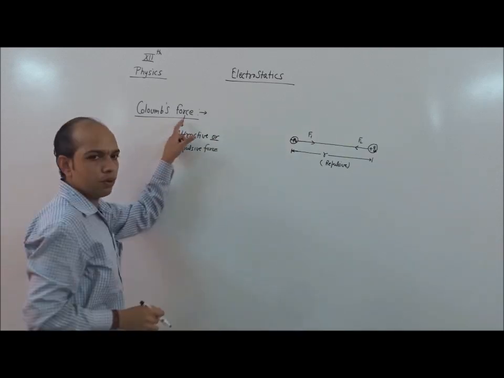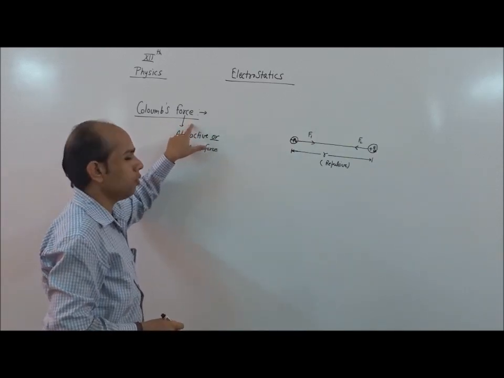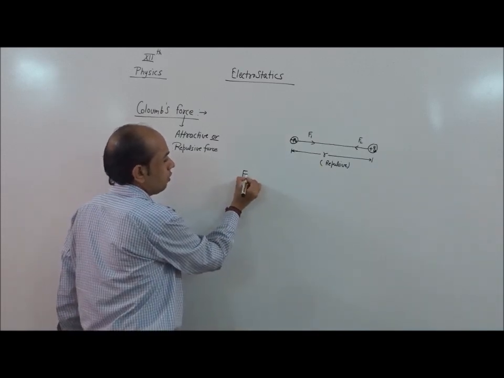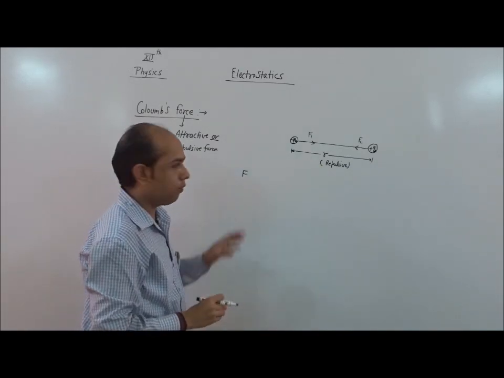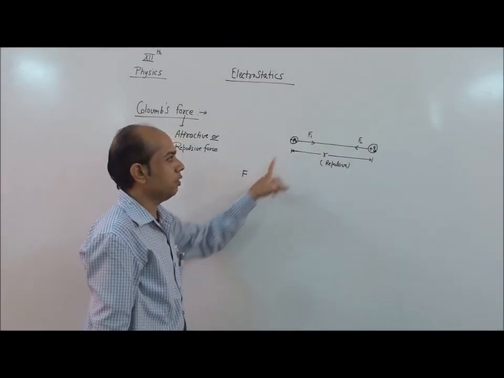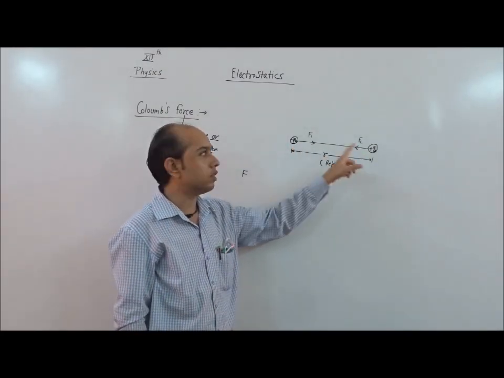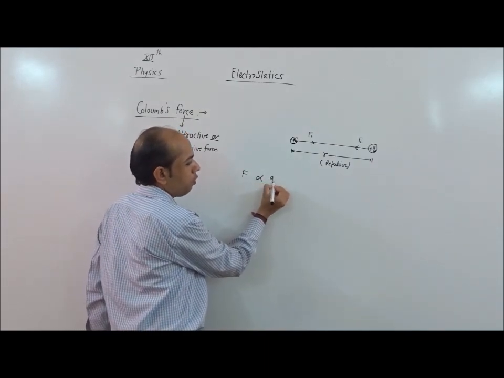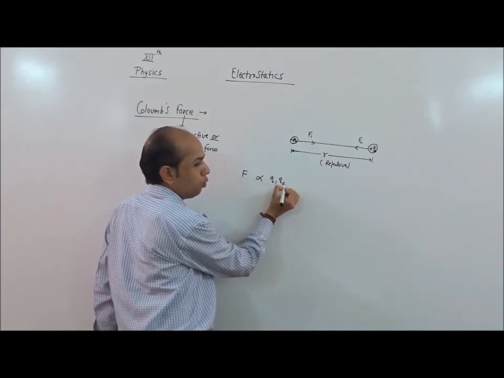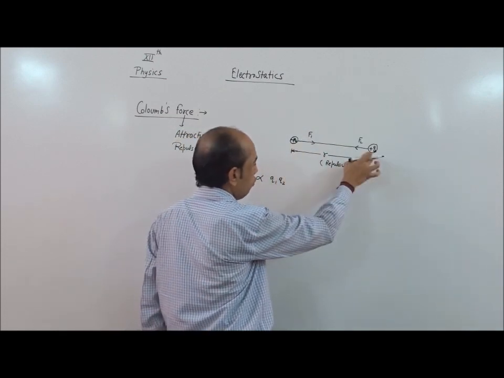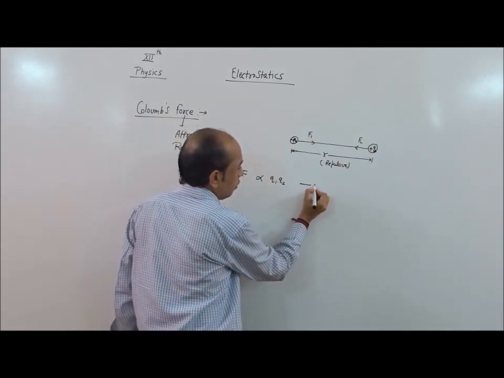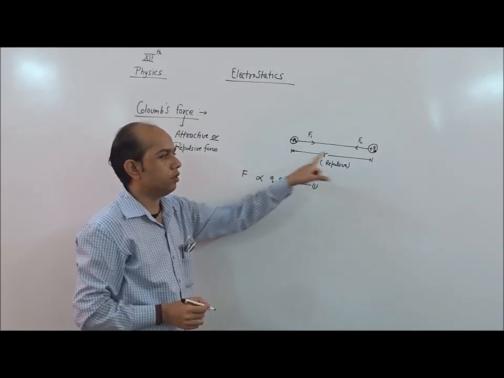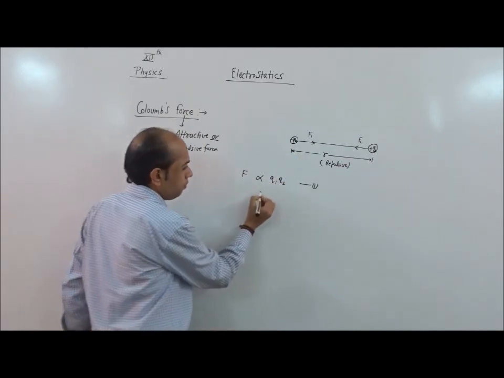So Coulomb's law states that the force of attraction or repulsion between two charged particles is directly proportional to the product of the charges, Q1 and Q2, and inversely proportional to the square of the distance between them.